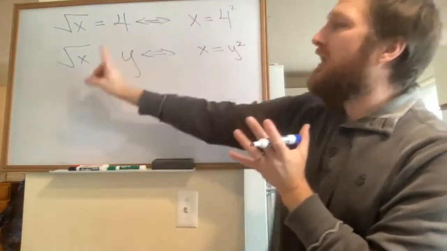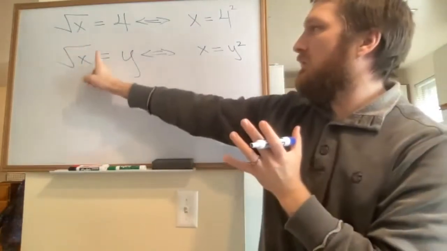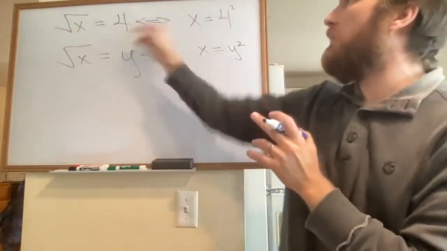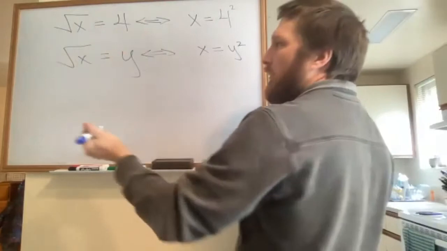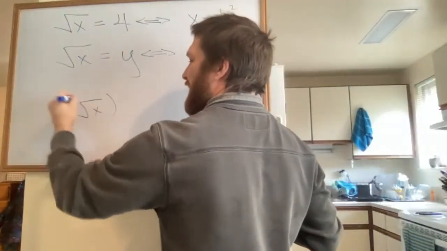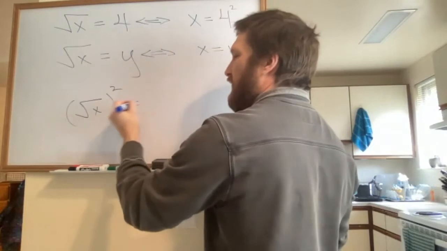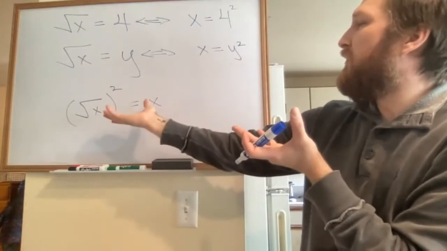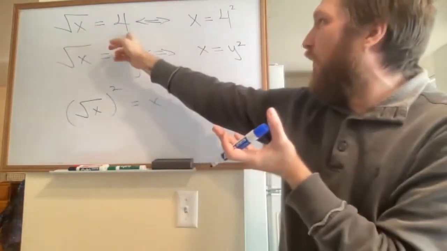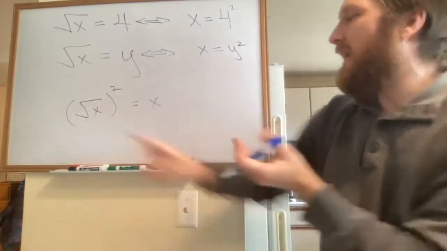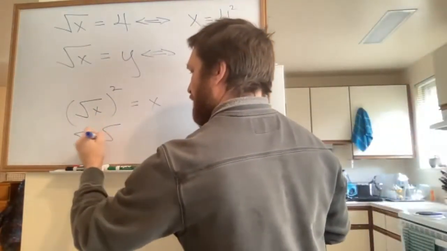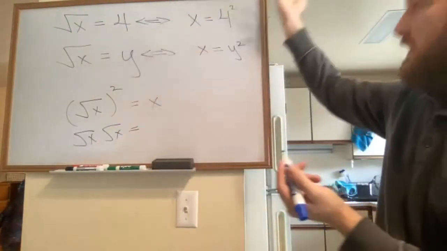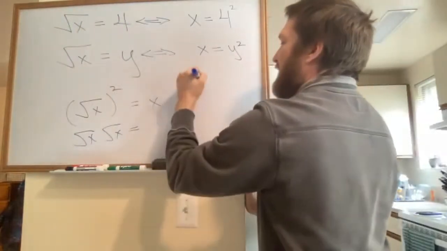So if you're trying to solve an equation, let's say for X, what you would do, and this is how I think about it, is you square both sides. Why is that? Because the square root of a number times itself is whatever that number is. That's the definition of square root. If the square root of X is 4, then it times itself has got to come out to be whatever that thing squared is, just like you knew ahead of time it was 16.